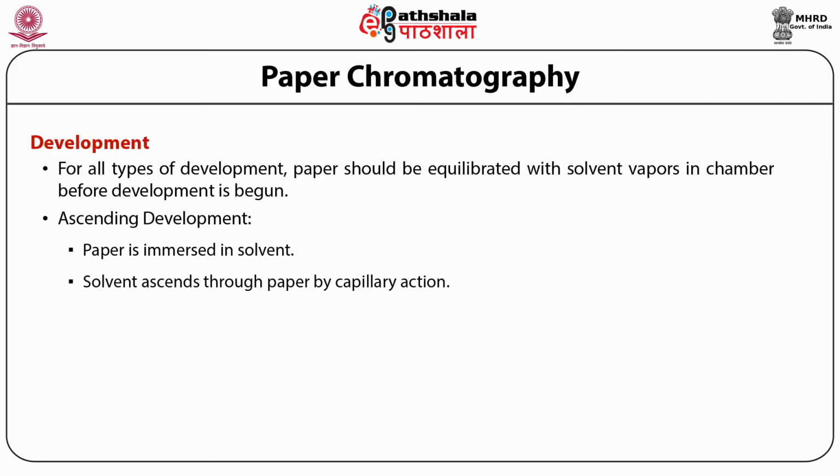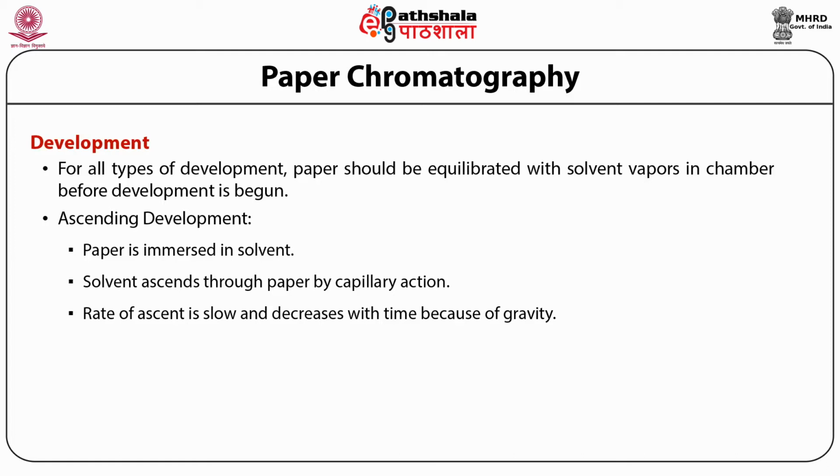The solvent ascends through the paper by capillary action. The rate of ascent is slow and decreases with time because of gravity. However, the slow rate enhances the possibility of achieving partition equilibrium and often results in compact, sharply defined spots.